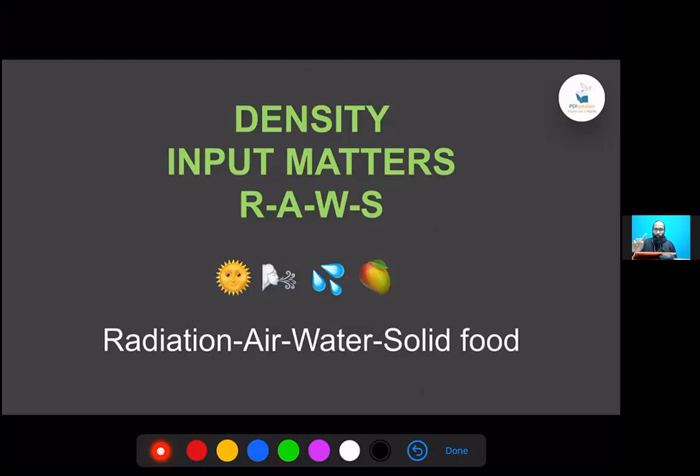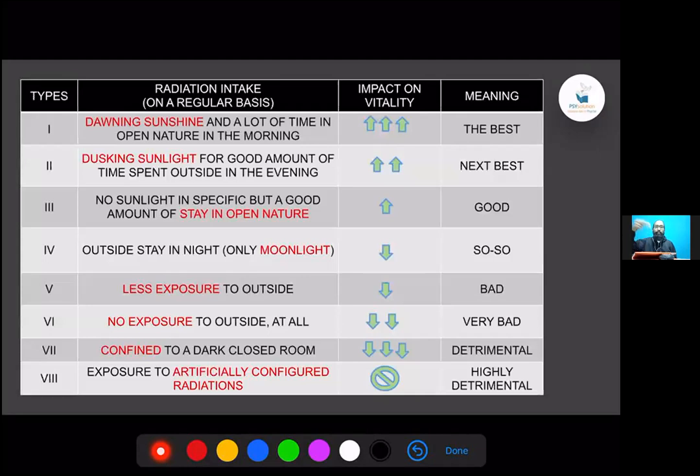Now let's go through just one or two charts so that you will be able to understand how to go through, right? And that's how you can refer to it and map it with your lifestyle, so that you can drift it to the next better alternative, right? For example, this is the sunlight, the radiation aspect, radiation intake, right?